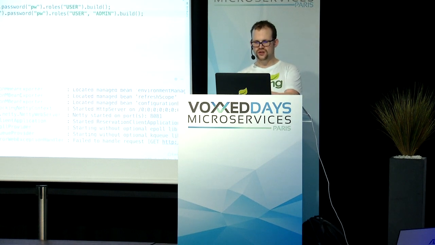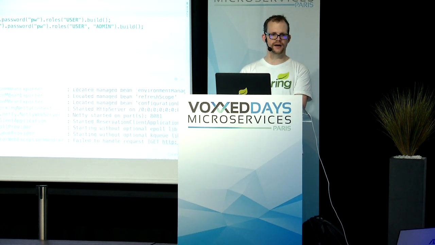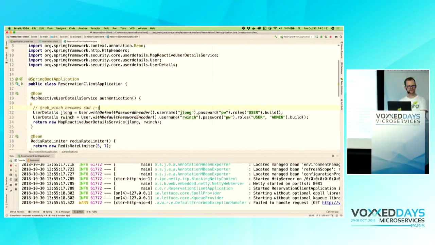Every time I do something terrible like this, where I have hard-coded usernames and passwords in my Java code, every time I do this, for reasons that will always be a mystery to poor Rob, Rob Winch becomes sad. It wakes him up out of a sound sleep to know that I'm doing this thousands of miles away. So my friends, don't ever do this. This is a demo, okay?